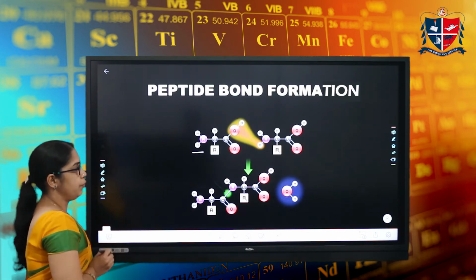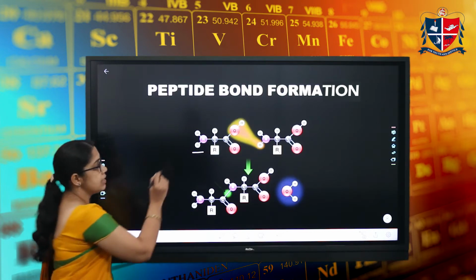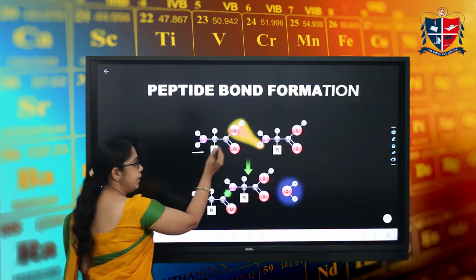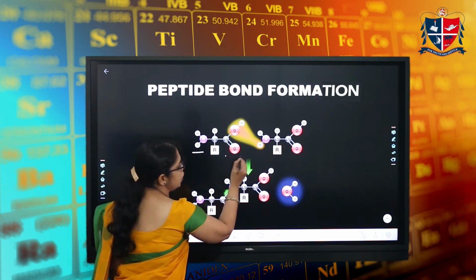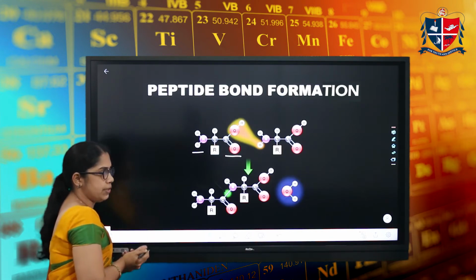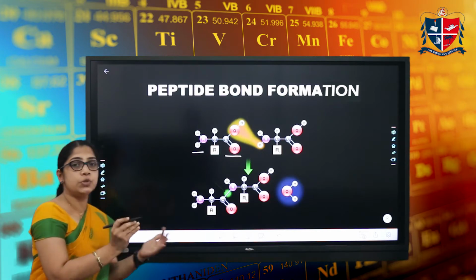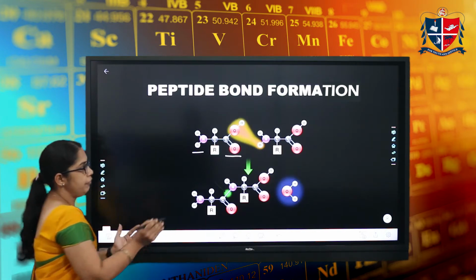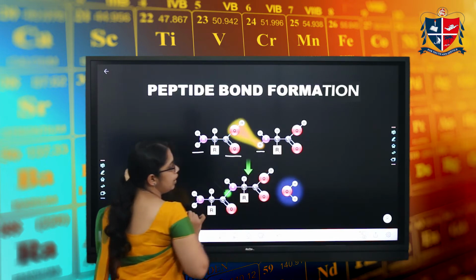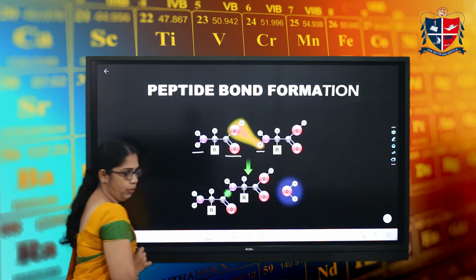The first step is protection of this NH2 group. The second is activation of this COOH group for further reaction. For example, the COOH group is activated into COCl. That COCl can easily condense with this NH2 by leaving a molecule of HCl, and it can form this peptide bond.